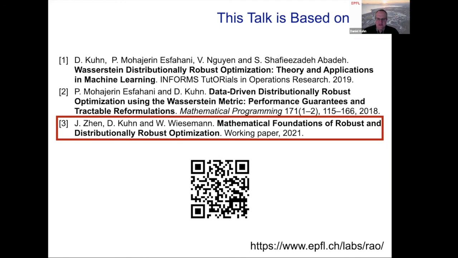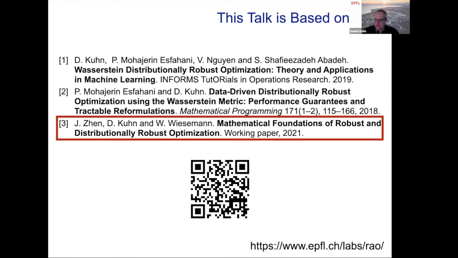And that's actually a key benefit of these Wasserstein metrics, that there are some measure concentration results that you can use to give you exactly such results. So you can use these Wasserstein balls as confidence regions for the unknown true distribution.